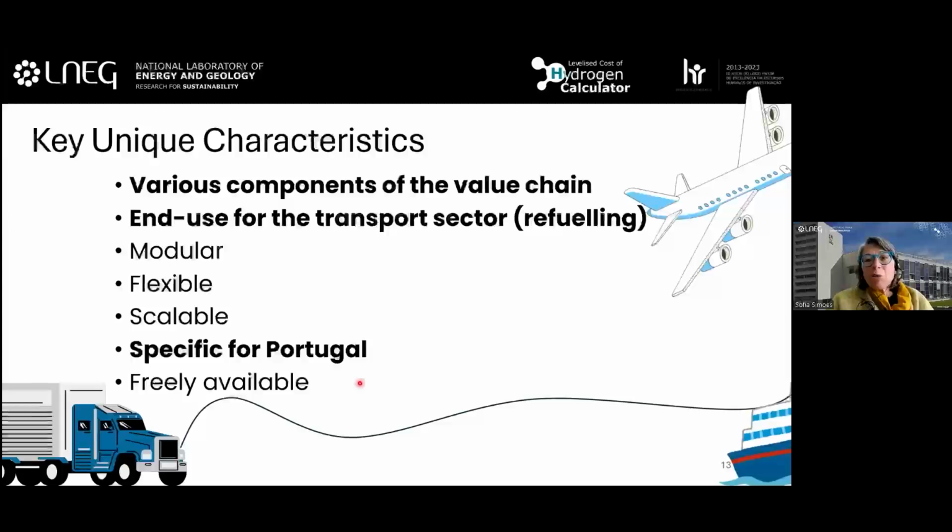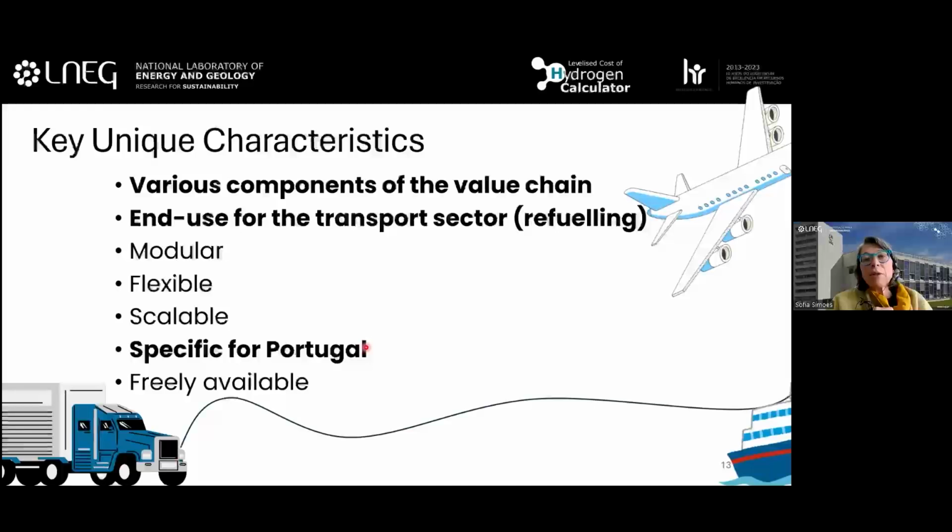Why do we do this? There are already some levelized cost of hydrogen tools online. Well, for the first thing, it's specific for Portugal. It does consider specific features of water availability for Portugal, the wind and solar features to produce renewable electricity for the Portuguese case. Some of the cost data, not all, but some, are really specific for Portugal.